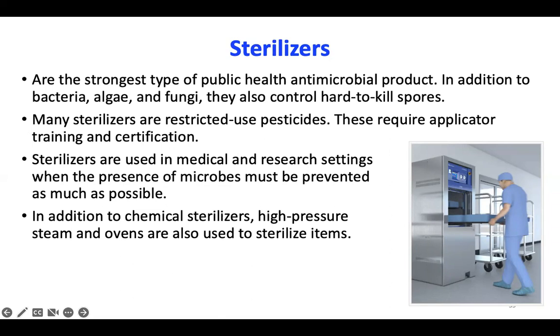So in that case, they have to sterilize the whole facility or room or any tools and equipment they are using. Generally, there are chemical sterilizers you can use, and in addition to the chemical sterilizers, high pressure steam and ovens are also used to sterilize items within healthcare facilities or sometimes molecular biology labs. So those are the strongest ones. They kill 100% of almost everything.